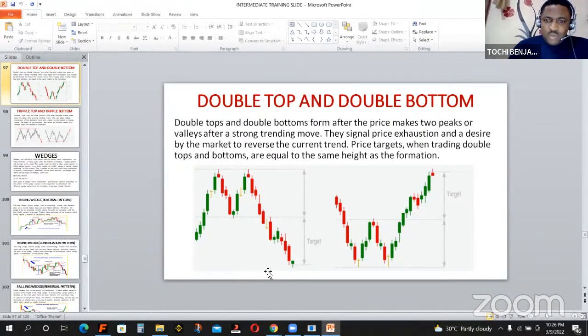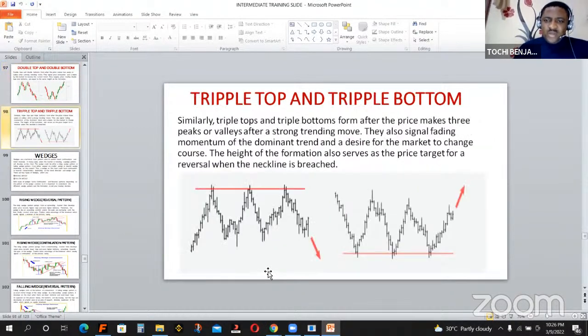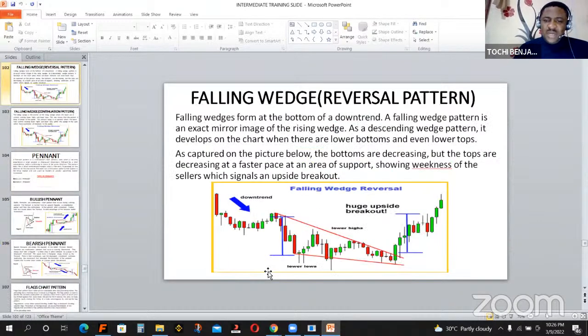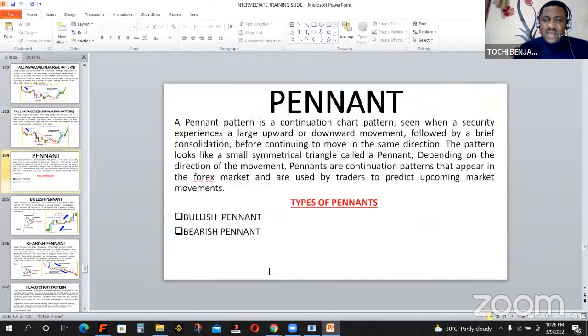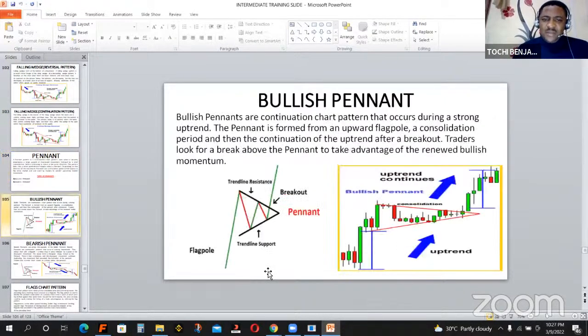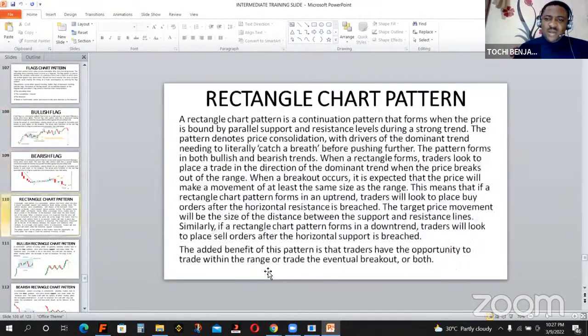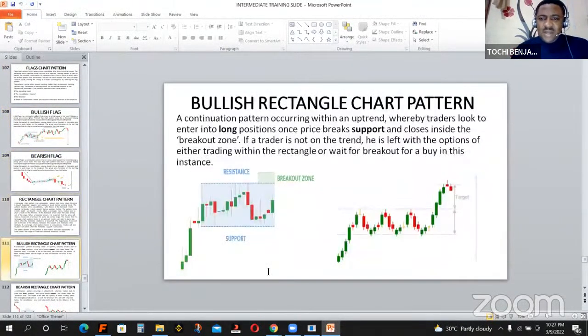So this double bottom, you have triple top and triple bottom, you have wedges, you have rising wedge, you have falling wedge, and both the continuation and all of that. You have pennants, bullish pennant, bearish pennant, flags, bullish flag, bearish flag, rectangle chart pattern, bullish rectangle, bearish rectangle chart pattern, cup and handle chart pattern, how to identify cup and handle chart pattern.